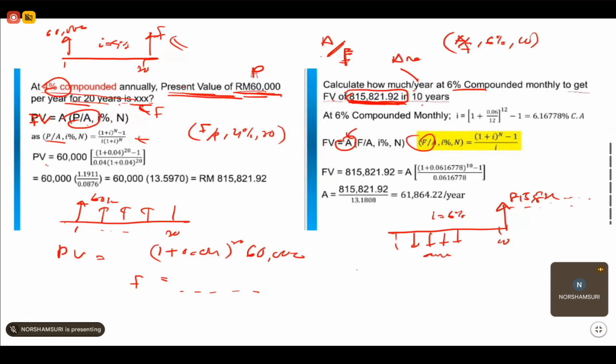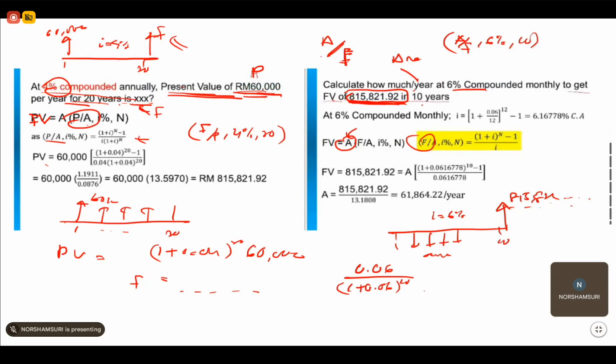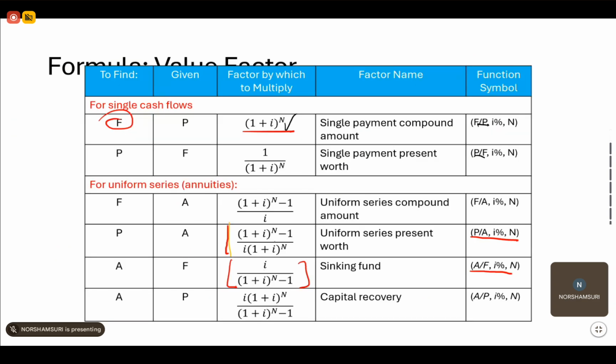So I is 0.06, and 1 plus 0.06. This one is a 10 year, and then you have to minus 1, and then this one has to times the future value here.